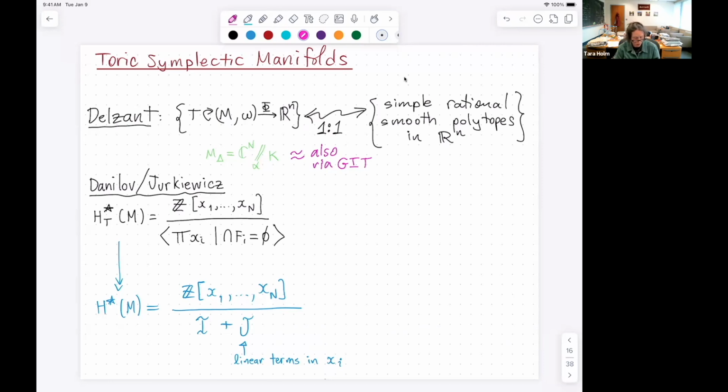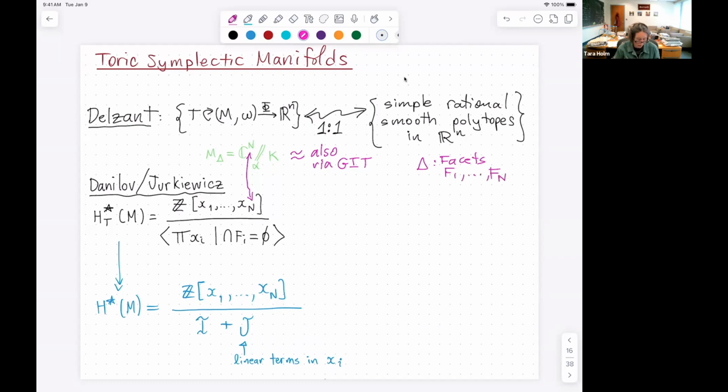They say that the equivariant cohomology of this manifold can be described over the integers as a polynomial ring, where I really did use capital N instead of D. So here, this N is the same. I have N variables, one for each facet in the polytope. My polytope delta has facets F1 up to Fn.